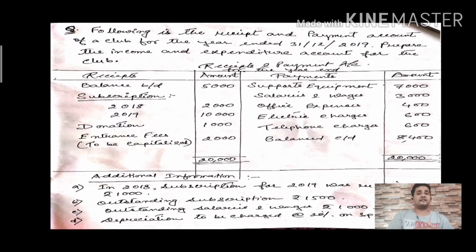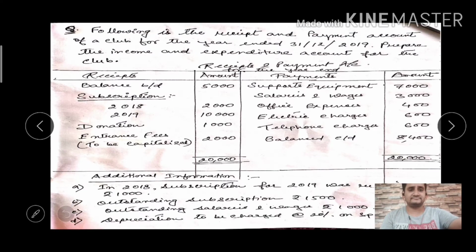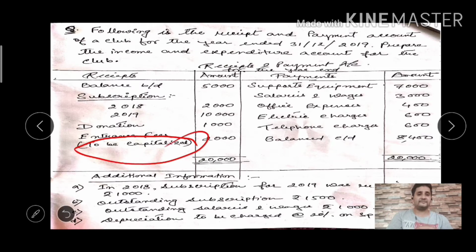Entrance fees. Now, entrance fees with, in the bracket, "to be capitalized", means these entrance fees will not be recorded while preparing the income and expenditure account. Why? Because it is specifically mentioned that these entrance fees are capital in nature, so they will not be shown in the income and expenditure account.